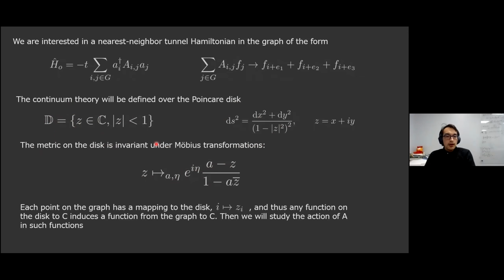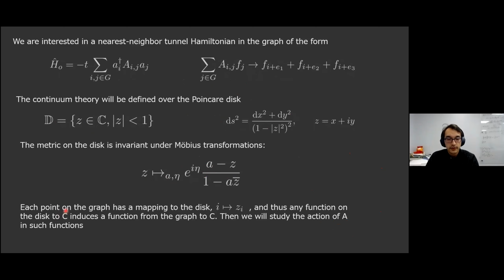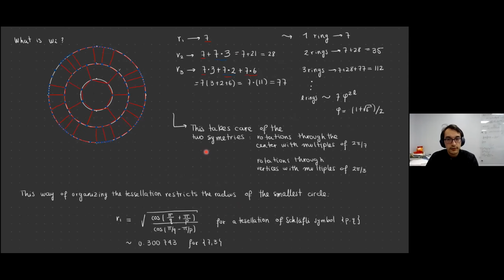Because of the identification that we did with these concentric rings, any function that we define on the disk can be mapped to a function on the graph by taking the site on the graph and assigning it a coordinate in the disk. So we will study the action of this matrix A on functions on the graph as seen in the continuous geometry.